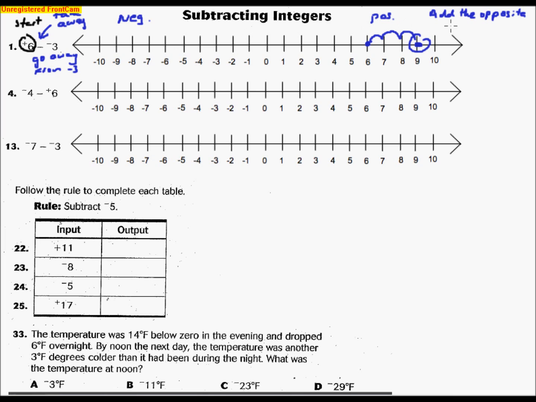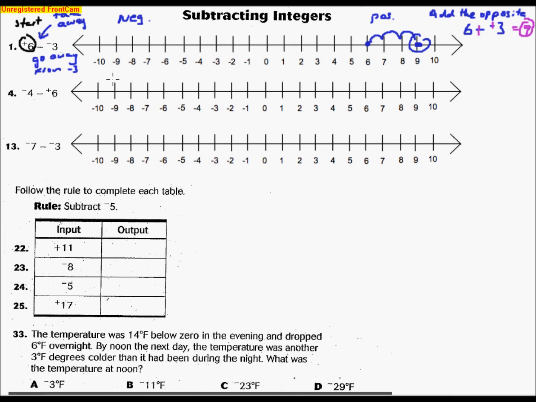So if I'm at 6, and I'm taking away -3, that's the same thing as adding +3. Notice that we added +3 on this one because we were going away from -3. So minus negative is the same as add the opposite. Change subtraction to addition, next number to its opposite. And so our answer here is 9.